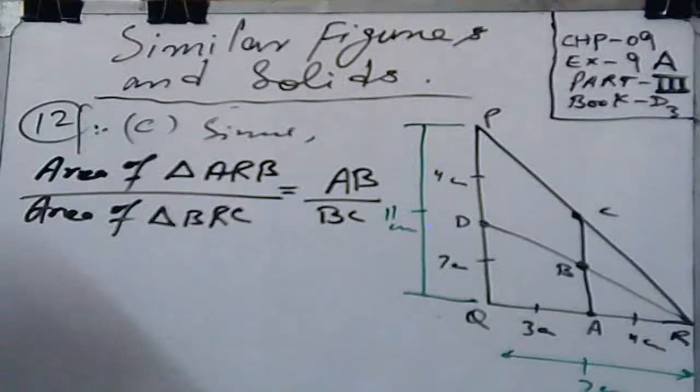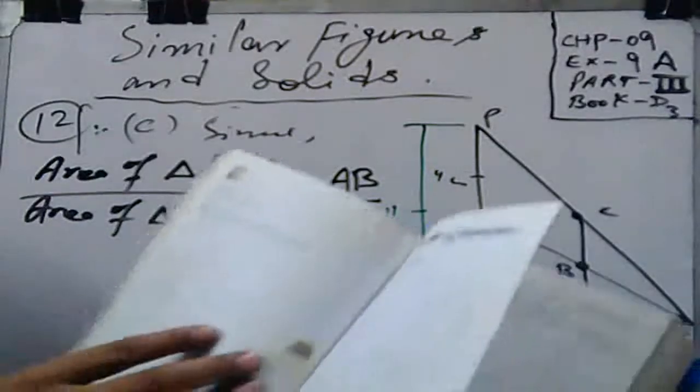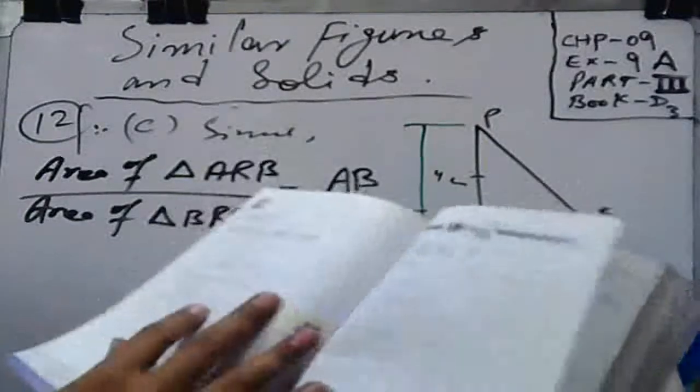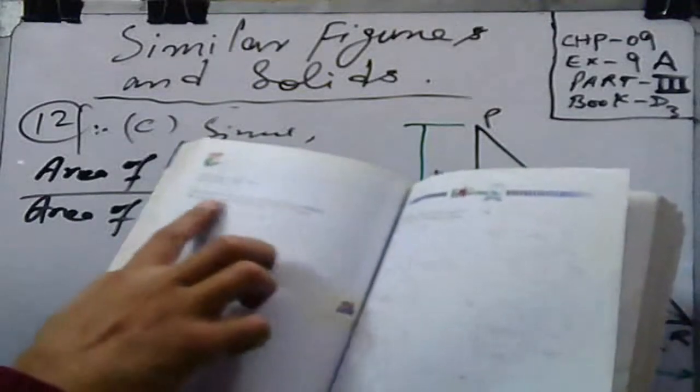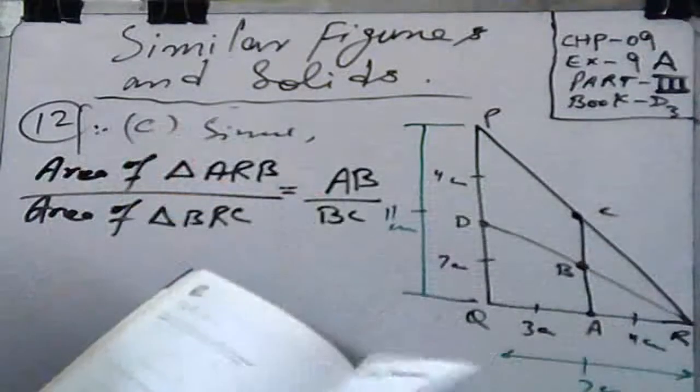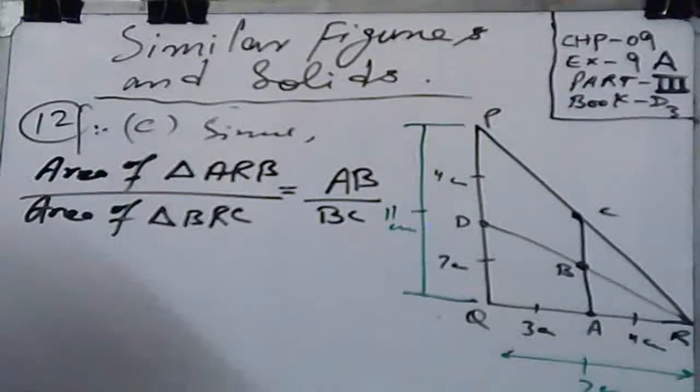This concept is in your textbook. It is written here that common height means the ratio of the bases of two triangles. So only with common height do we take only the lengths or bases, not the square of it. That is the main point.